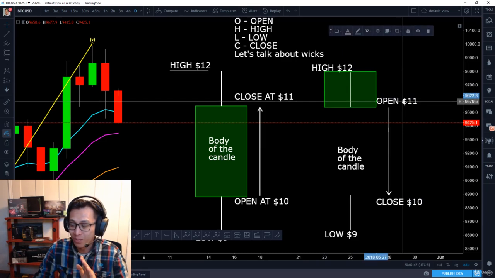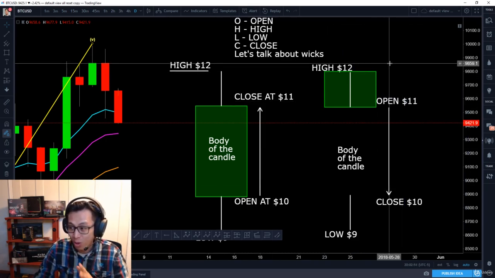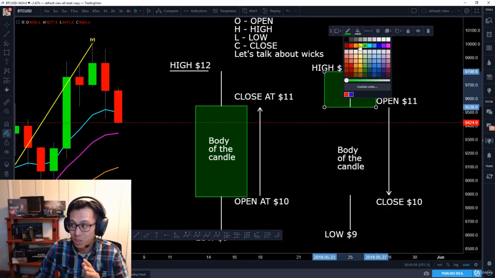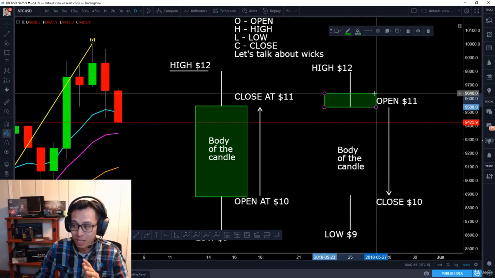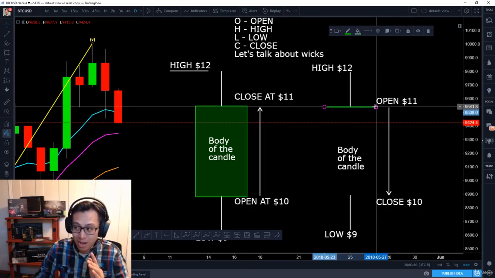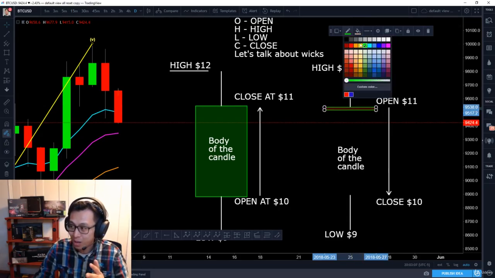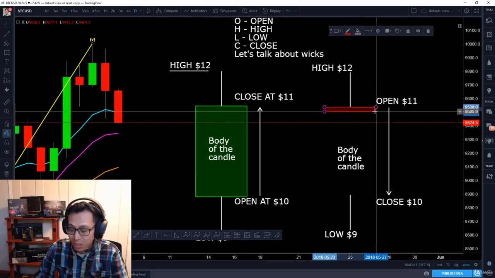The open would have been $11, and if it had finished there, the close would have been $12. But because the bulls could not sustain it, now the bears push it back down. When it gets past the point that it opened, that is where the candle starts to turn red.